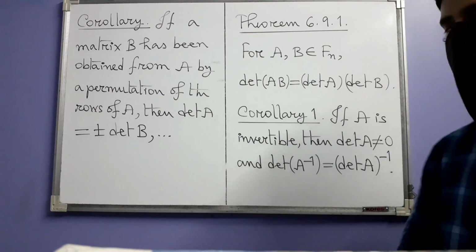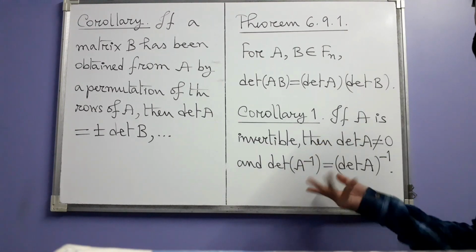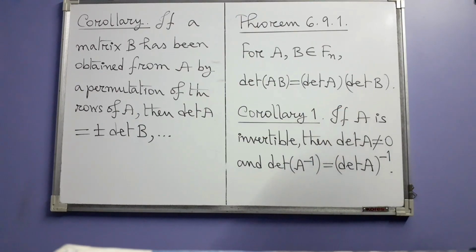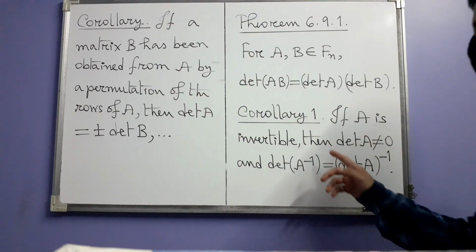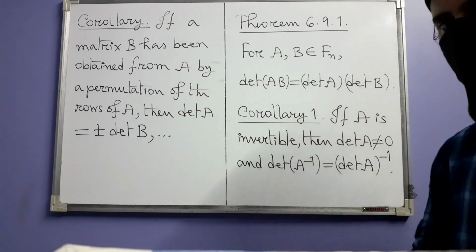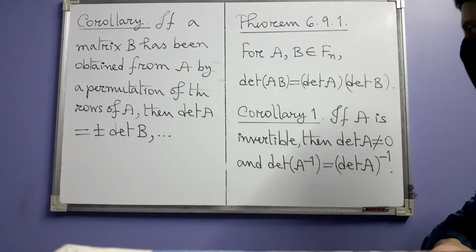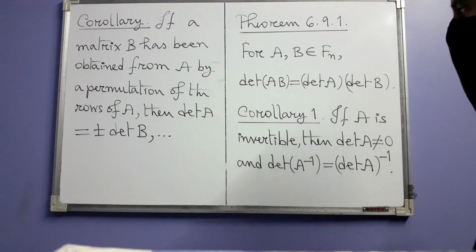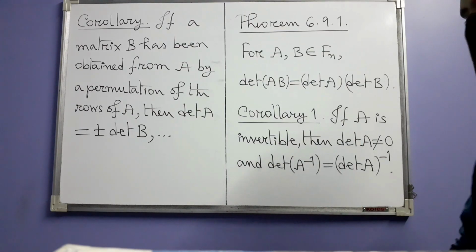This theorem has a corollary which follows quite easily from this if you just think about it. But anyway, we are not going to follow the proofs here. Instead, we focus on the results themselves and later on the exercises.